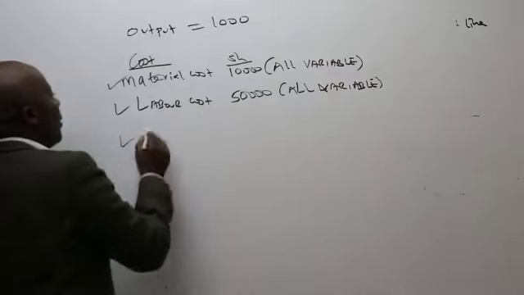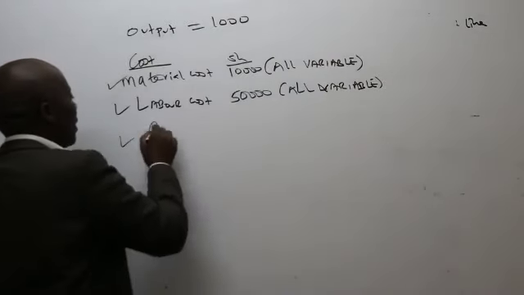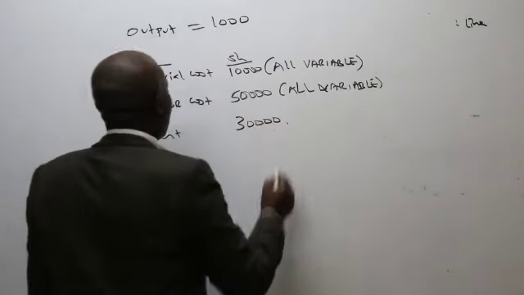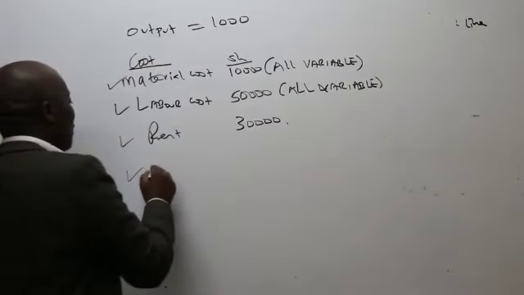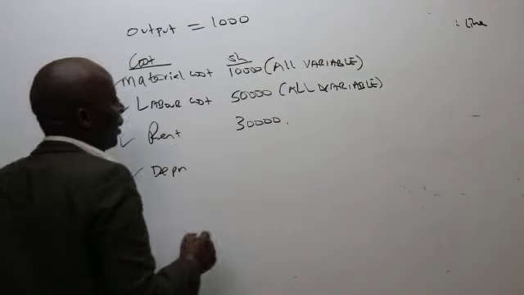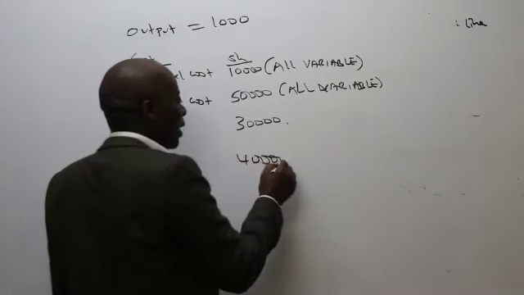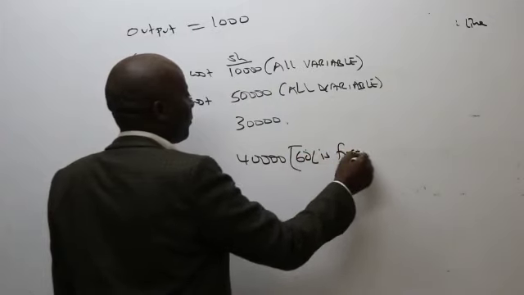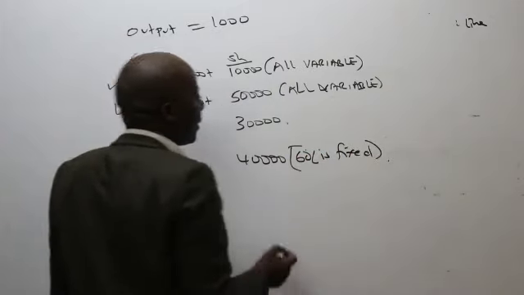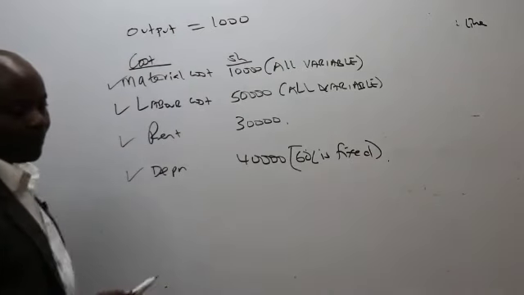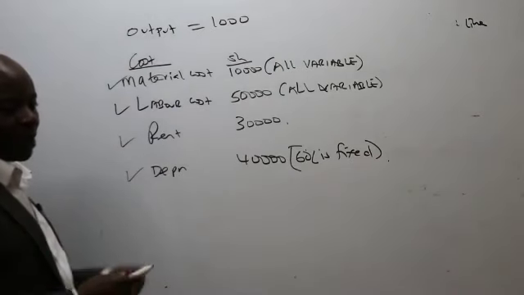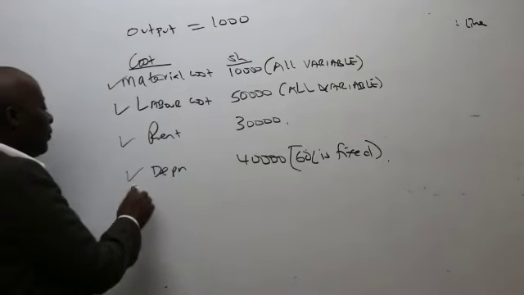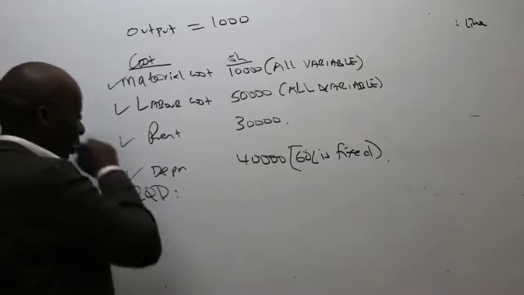And then, ladies and gentlemen, we have rent of 30,000. And then we have depreciation of 40,000, and we are told here that 60% is fixed. So we are required to do something very simple here.